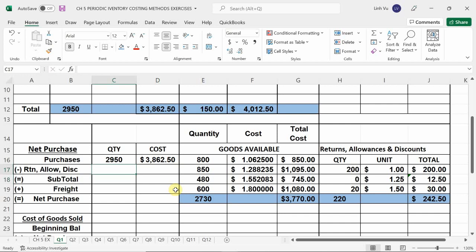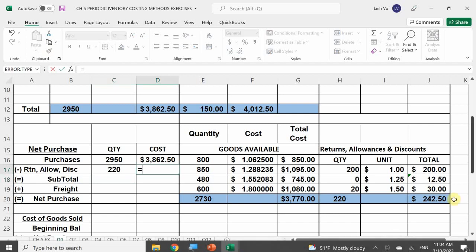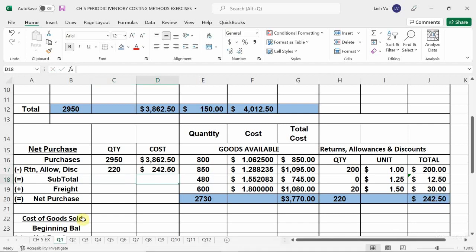I end up returning 220 units at a total refund of $242.50. I need to subtract these, because that's what a return does. It subtracts from your original purchase. So in this case, I should get 2,730 units at $3,620.